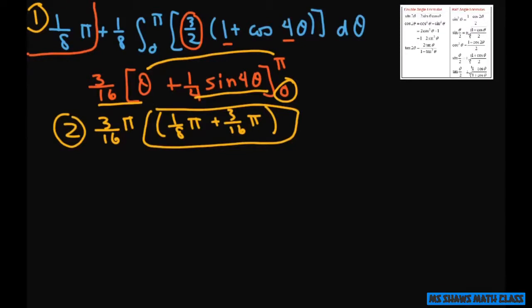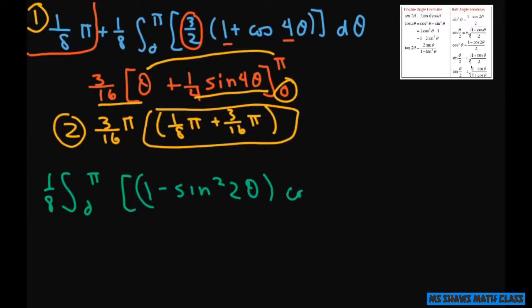Now let's do that last part we had. So the last part we had was the integral, 1/8 we had in front, from 0 to pi. And then I had 1 minus sine squared of 2 theta, cosine 2 theta d theta. So for that, what I'm going to do is use U-Substitution. I'm going to let u equal sine 2 theta.